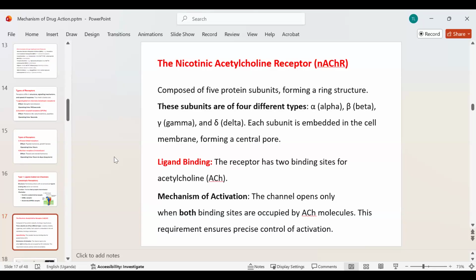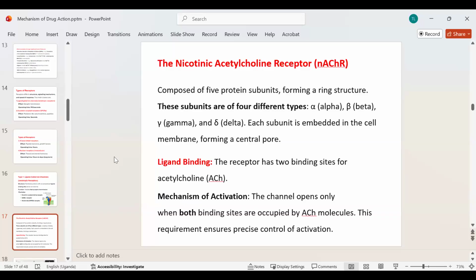Okay, that is a good one. When it comes to pharmacokinetics, the binding we are talking about, you see, when a drug binds to a receptor, there are different activities or effects that are going to happen.